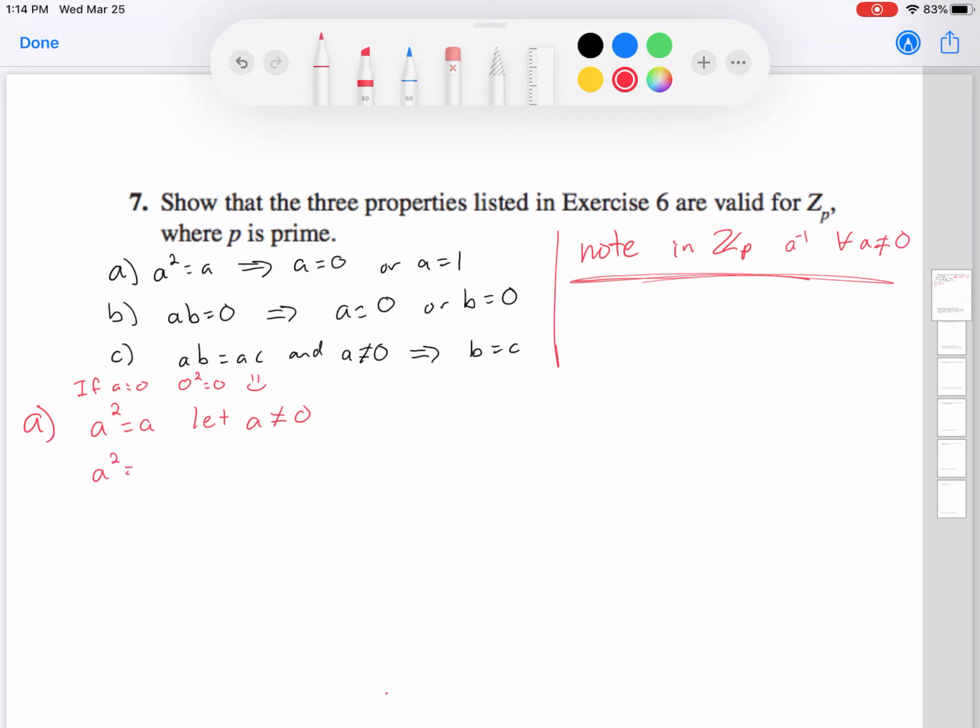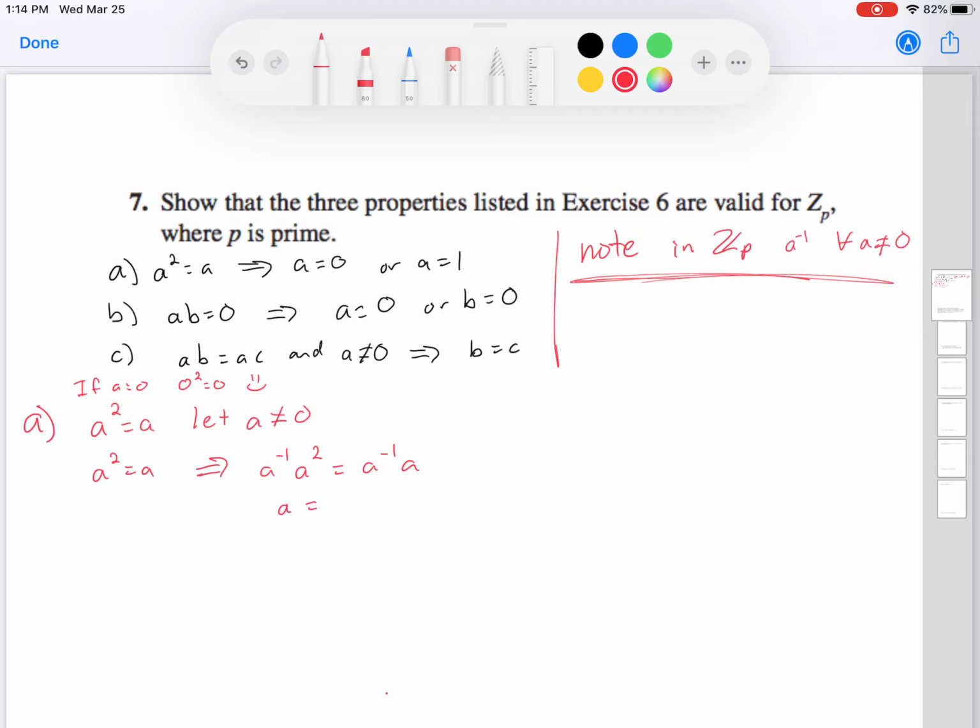So, a squared equals a would imply that a inverse a squared equals a inverse a. We left multiplied by a inverse on both sides.